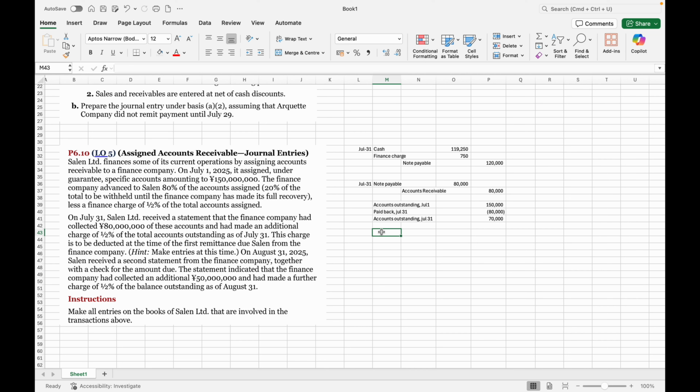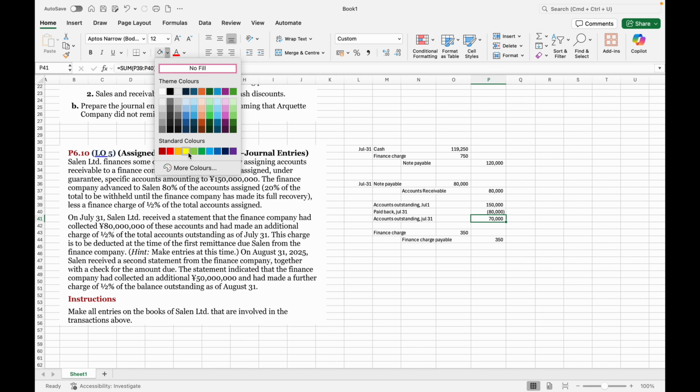And from the 70, we will take the 0.5%, and that would be our finance charge, let's say, finance charge payable. That would be 70,000 multiplied by 0.5%, which is 350. And now we are done for our July 31st records.